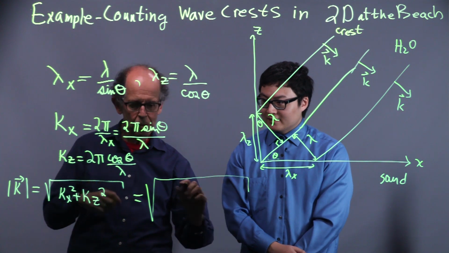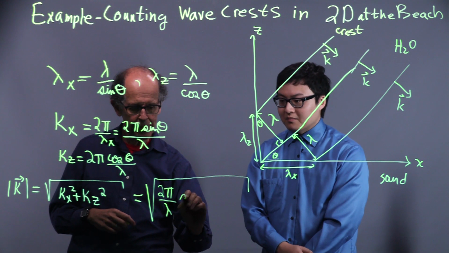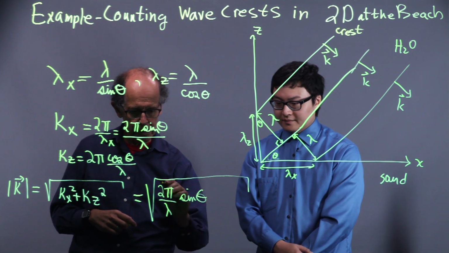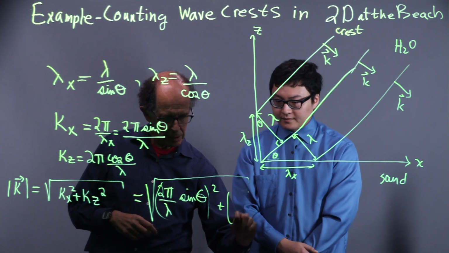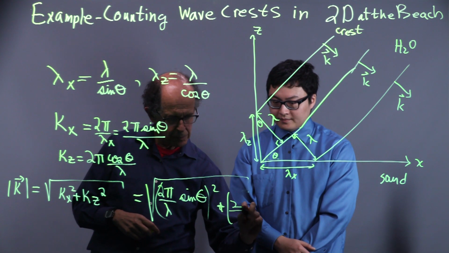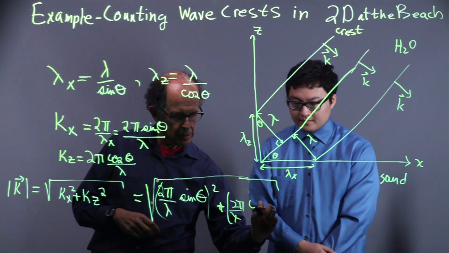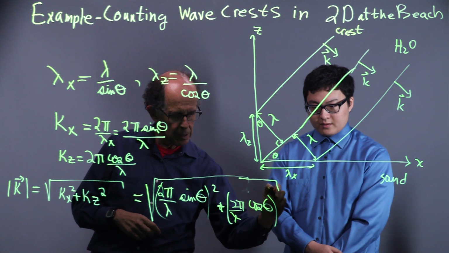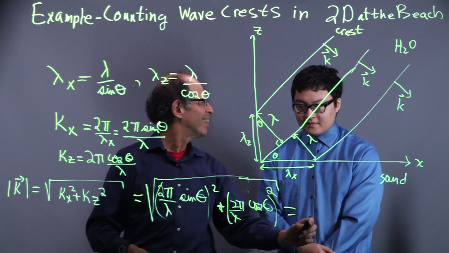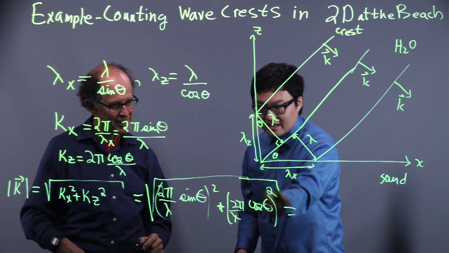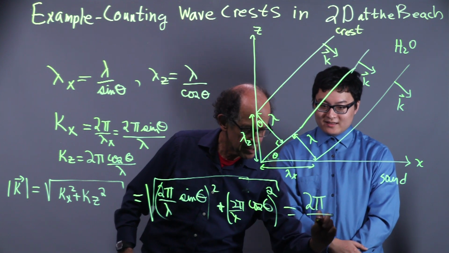But remember, when we did it, we didn't have the sines and cosines in there. Sine theta and cos theta, all squared, which is? Well, you can factor out, and then that's 1. And oh, it's just 2 pi over lambda, which is what we said previously.